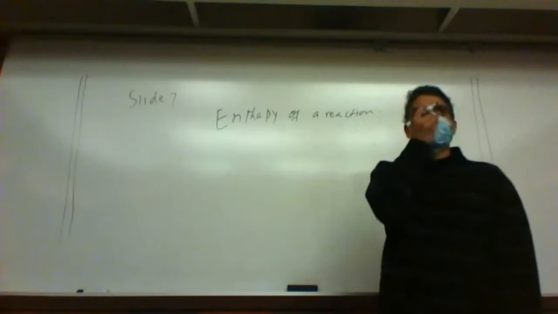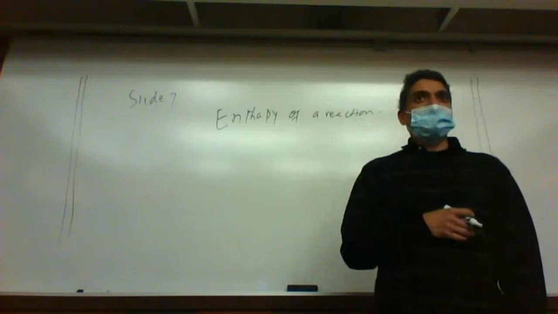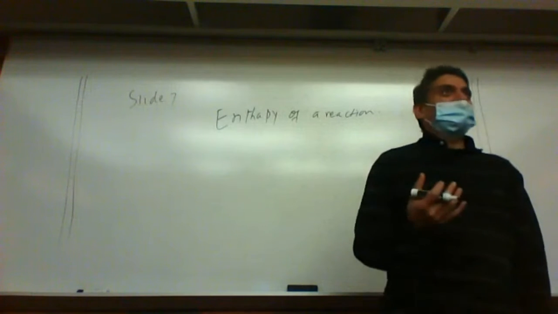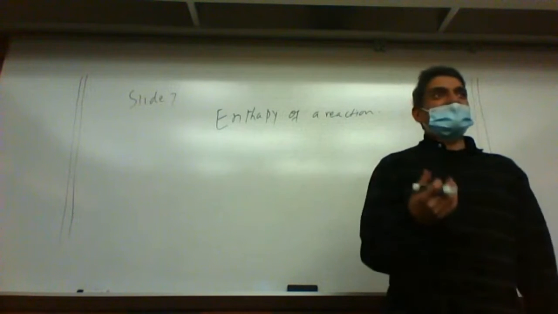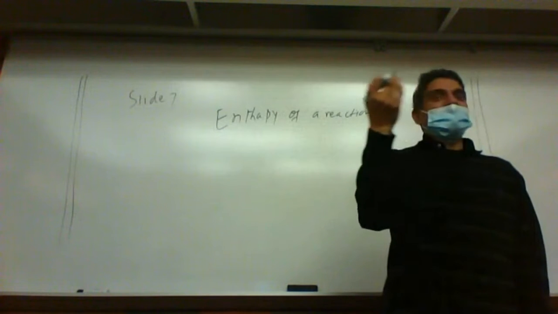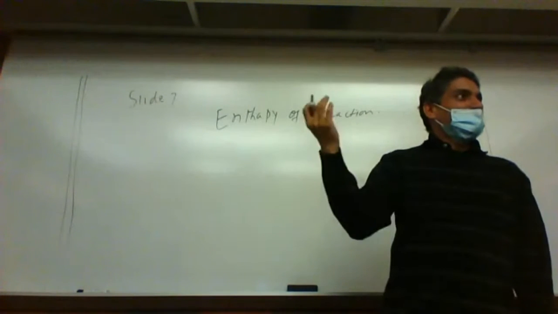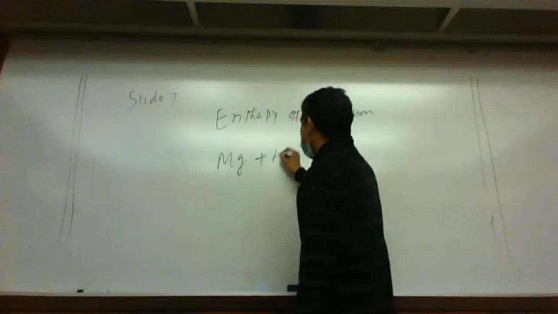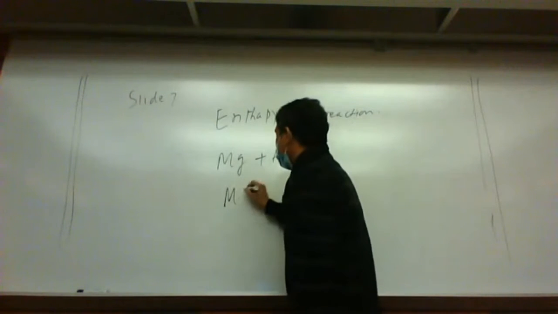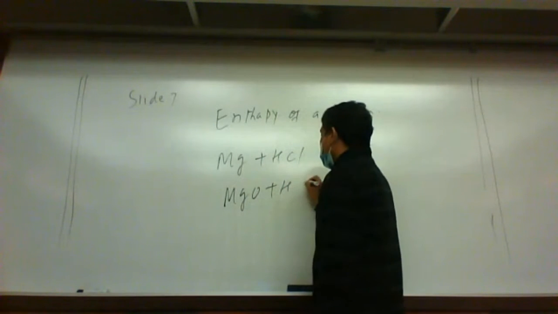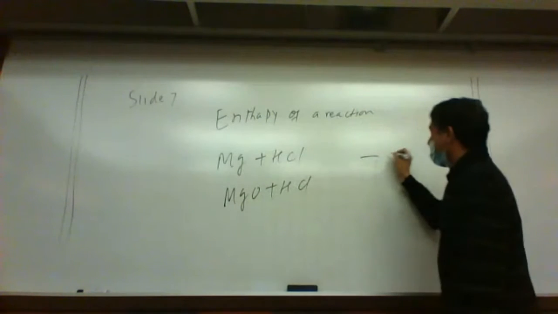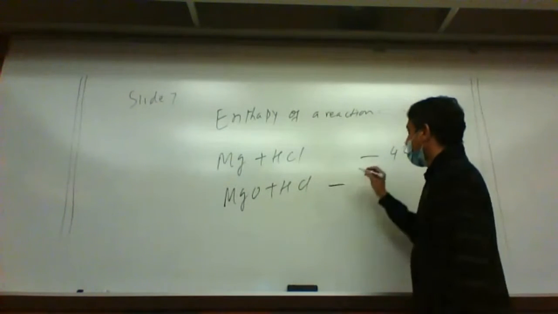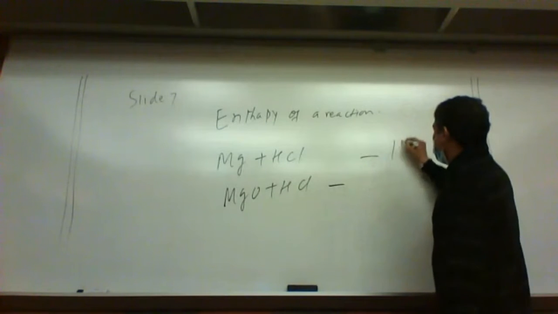If you remember lab number 11, where we were doing the coffee cup calorimeter, we used Hess's law and calculated the amount of heat that may be released by reacting magnesium with water, right? Using magnesium, we were doing something like this, magnesium and HCl. One time we did that, and another time we did MgO and HCl, and then we had one heat here, 436, something like that, and here maybe 137.